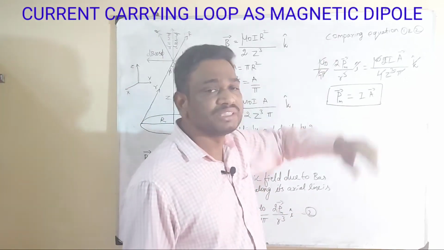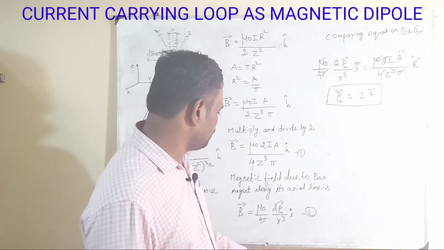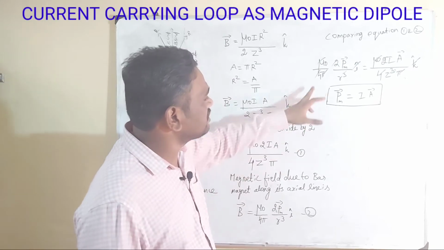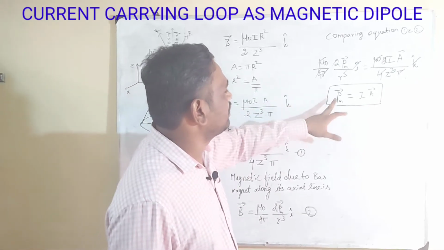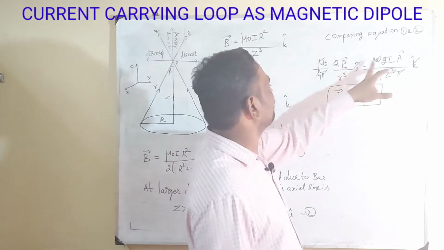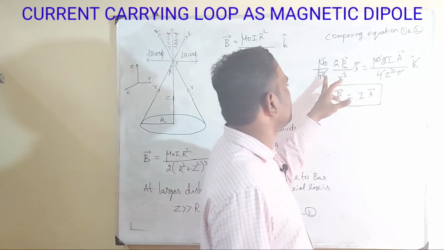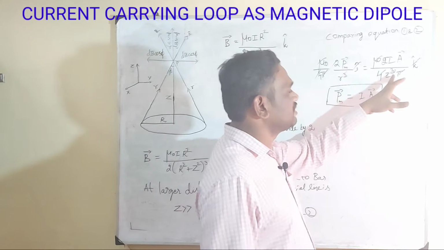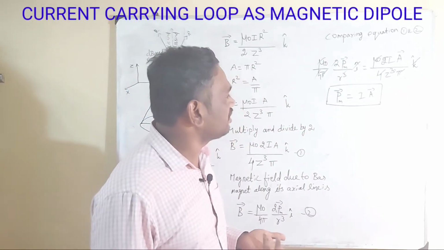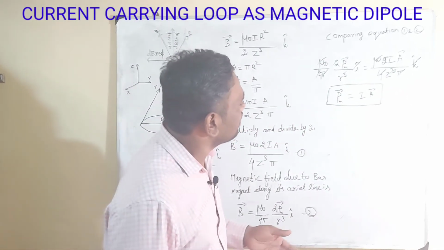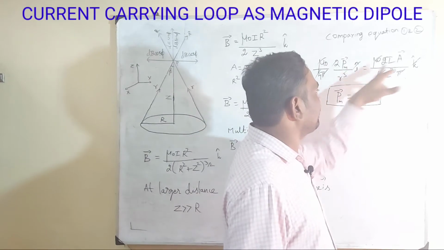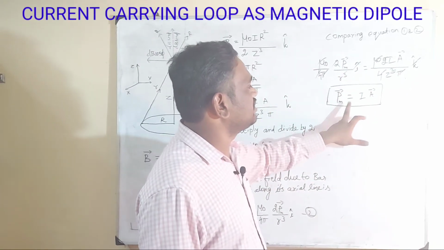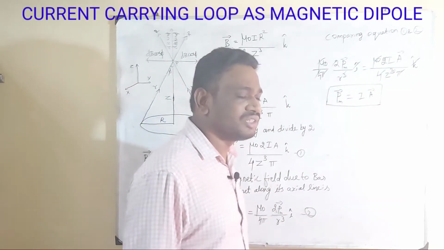Comparing equations 1 and 2, we can cancel mu naught, 2 and 4 pi, and r cube and Z cube, where Z cube is also a distance, and the I cap unit vector gets cancelled. So PM vector is equal to I A vector.